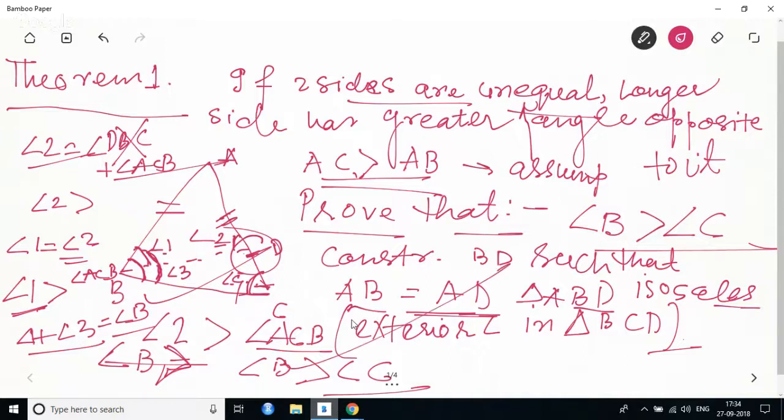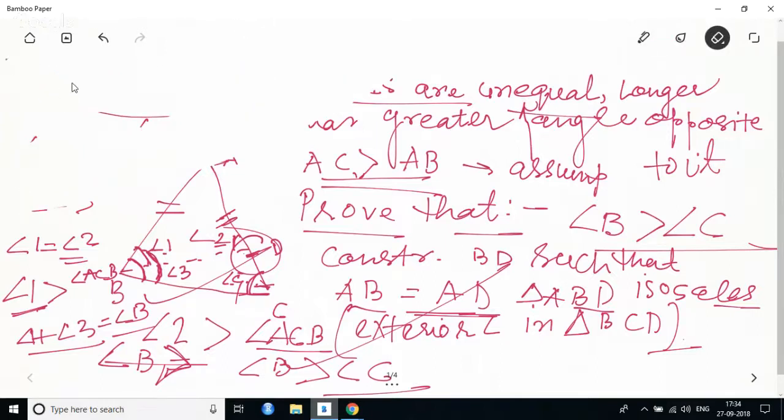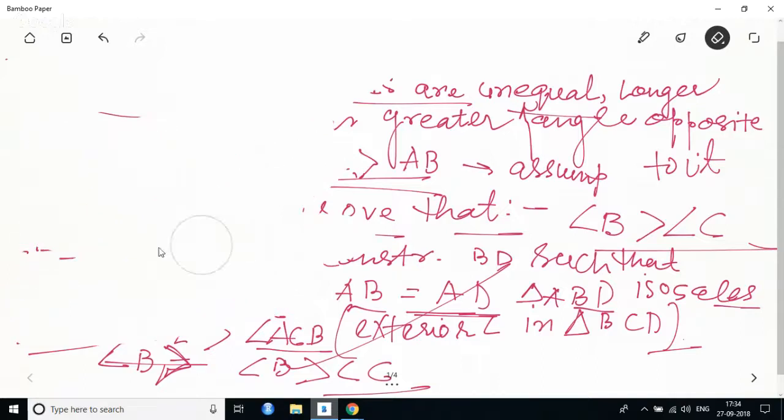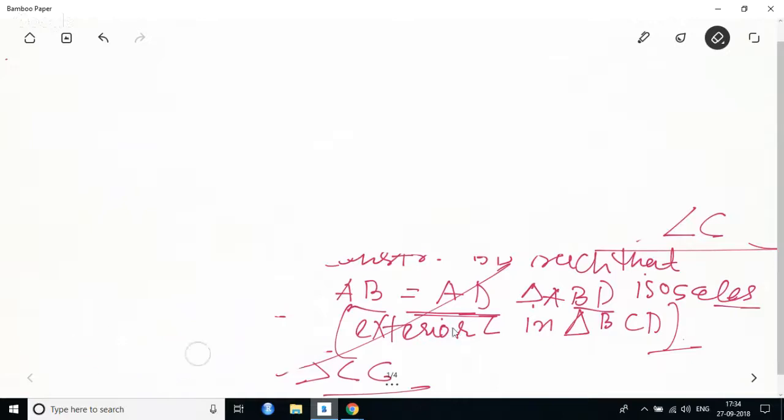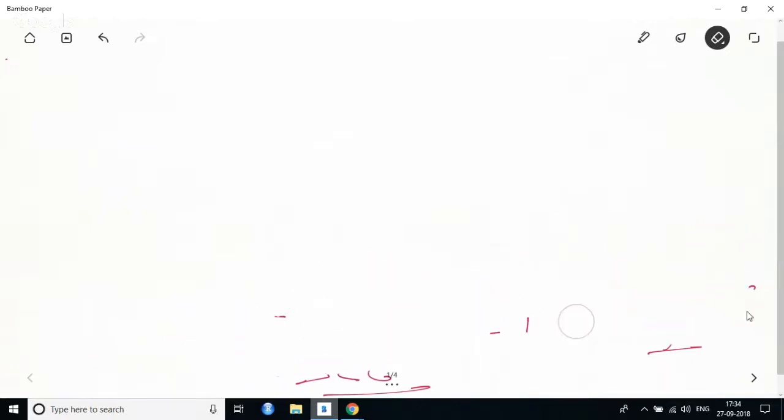Okay, now let me move to another theorem, theorem 2. And what is theorem 2?